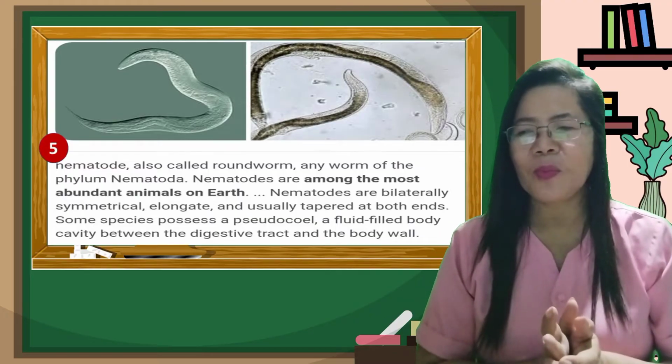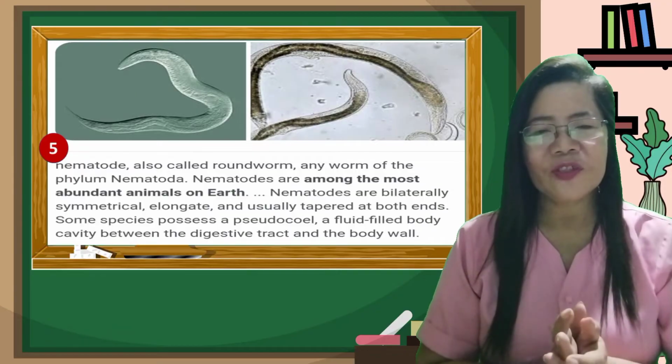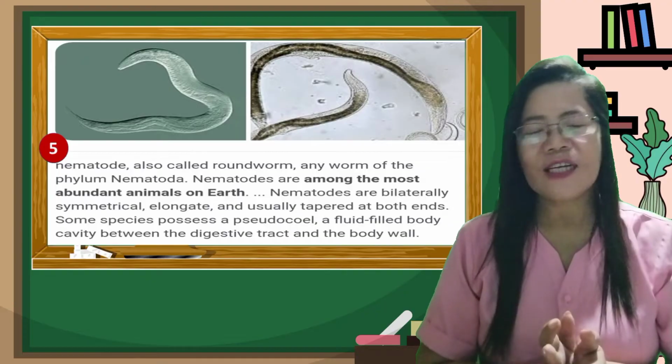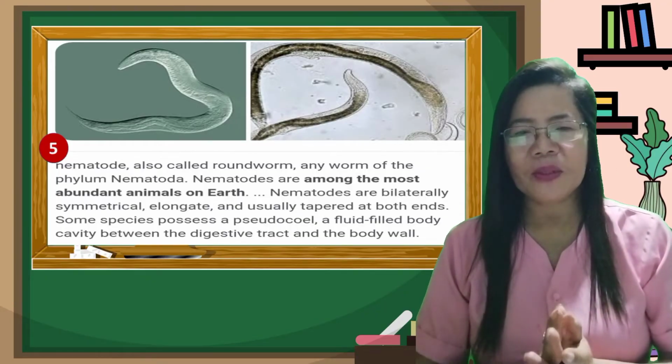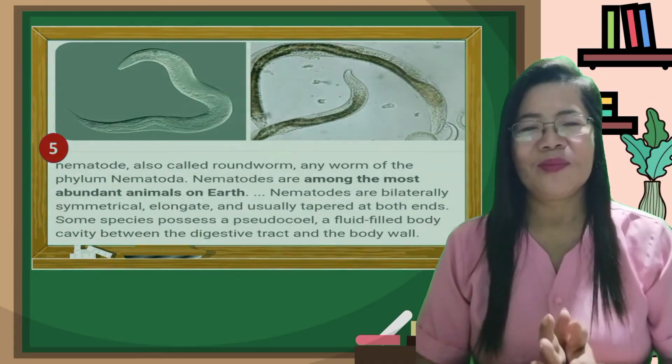Some species possess a pseudo-fluid-filled body cavity between the digestive tract and the body wall. Examples of nematodes are ascaris, vinegar eel, and hookworm.